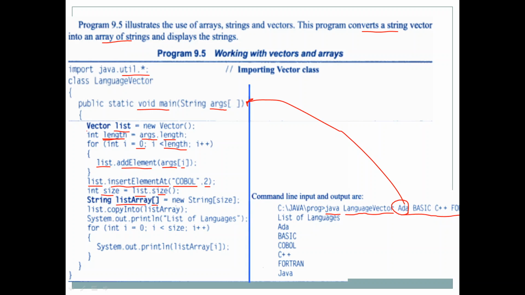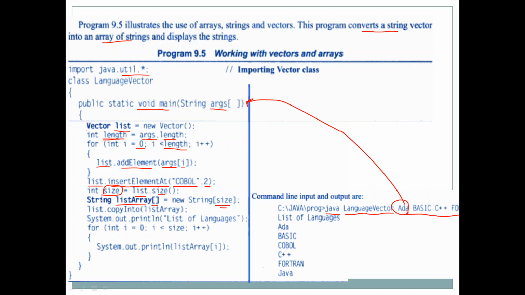So we have created the string array equals new String, and the size of the string array is the size of the vector which we have retrieved in the variable size. This we have passed here, so that will be the size of our string array with the name listArray.